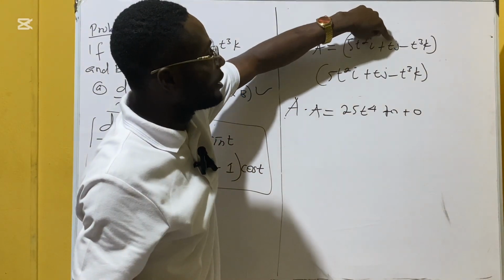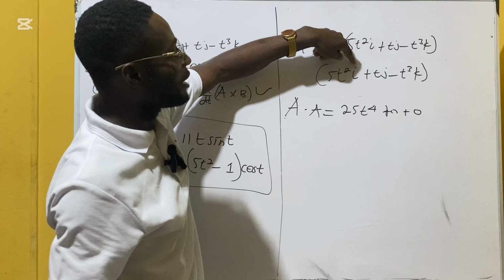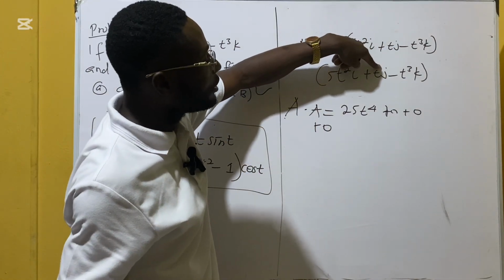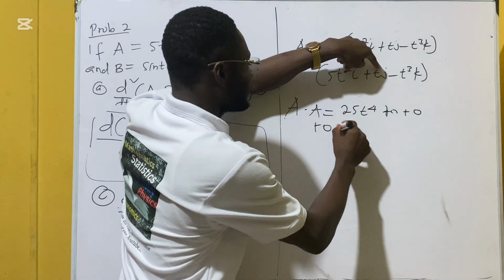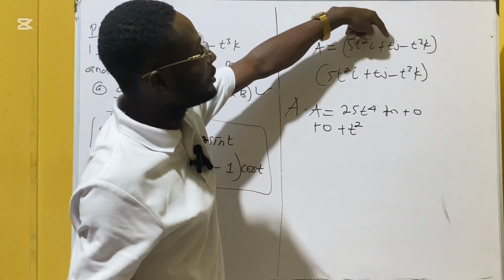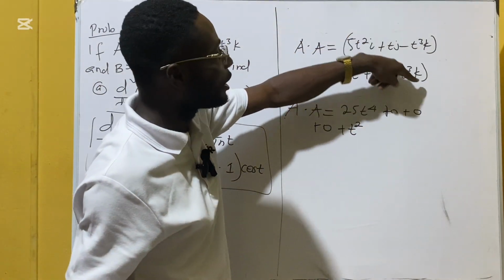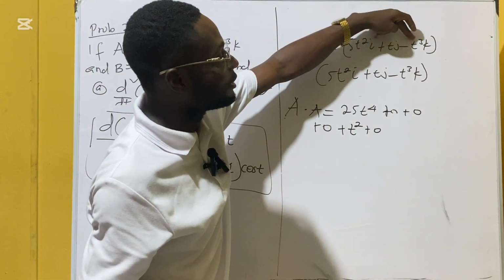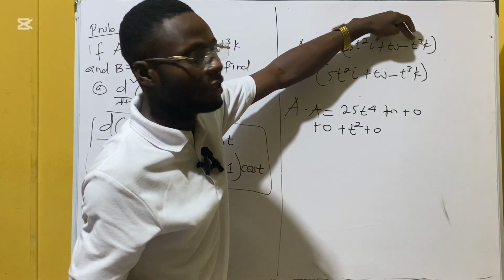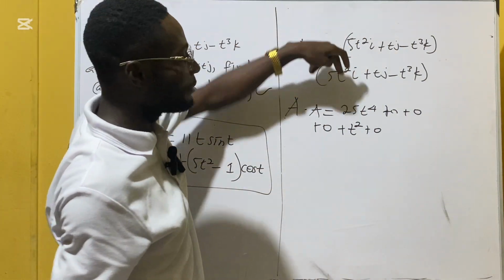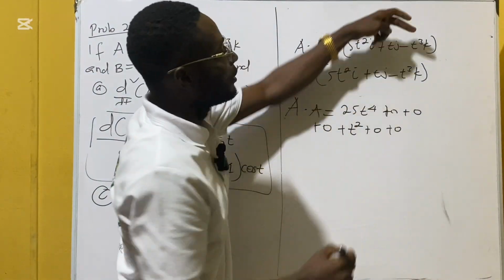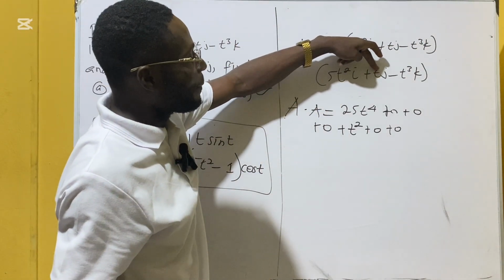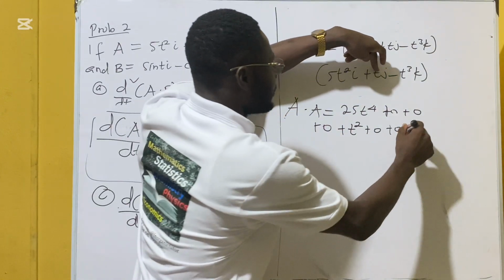Then we come here, tj times 5t squared i is also 0. tj times tj becomes plus t squared. tj times negative t cubed k becomes 0. Then we come to the last one, negative t cubed k times 5t squared i becomes 0. Negative t cubed k times tj becomes 0.